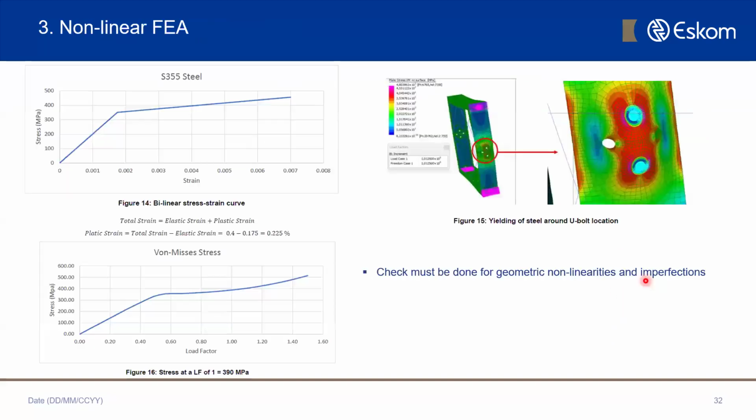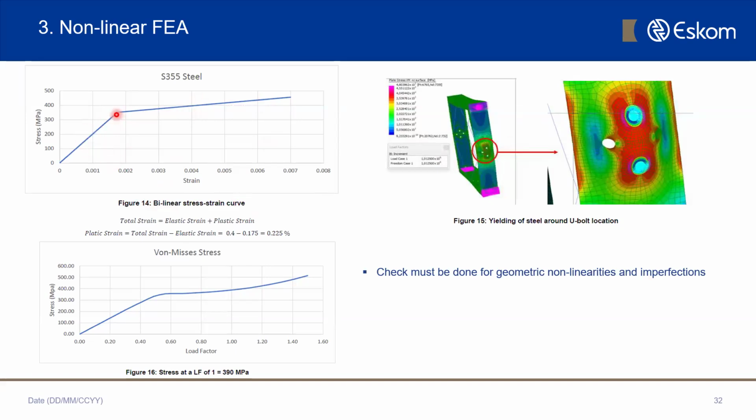So what we do is that we can allow for some yielding in that location. So you can do a nonlinear finite element analysis. Like I said, there are closed form calculations, but those closed form calculations have restrictions placed on them, and in this case, we could not perform those calculations. So we do a nonlinear analysis.